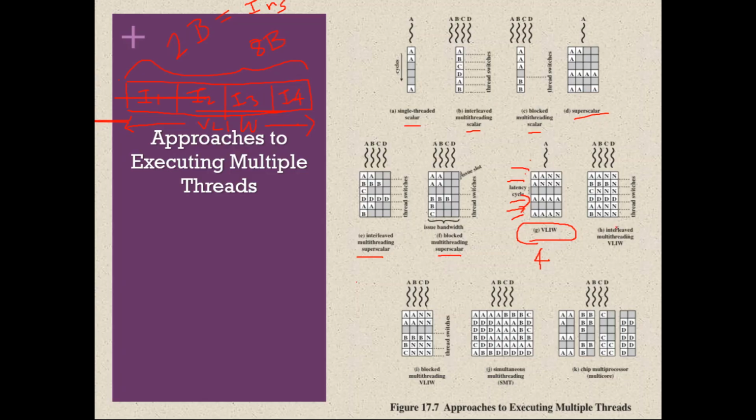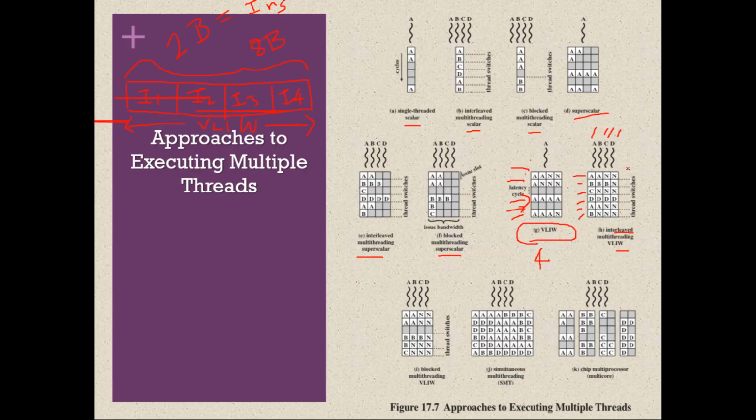Next is interleaved multi-threading VLIW. Now we have multiple threads: A, B, C, and D. The first clock cycle is dedicated to A, second to B, third to C, fourth to D, and again fifth to A, sixth to B, and so on.